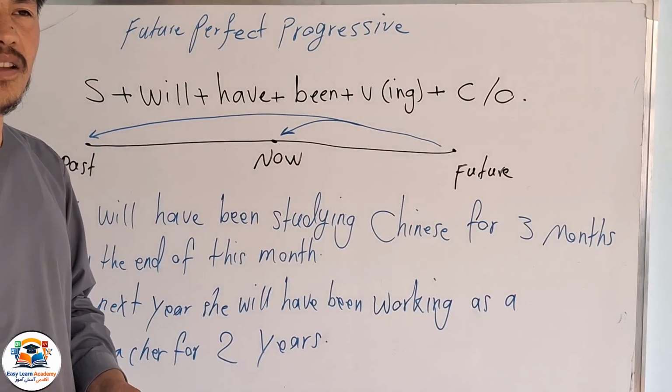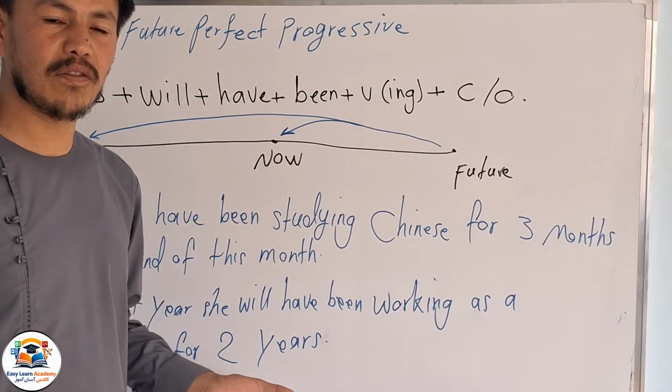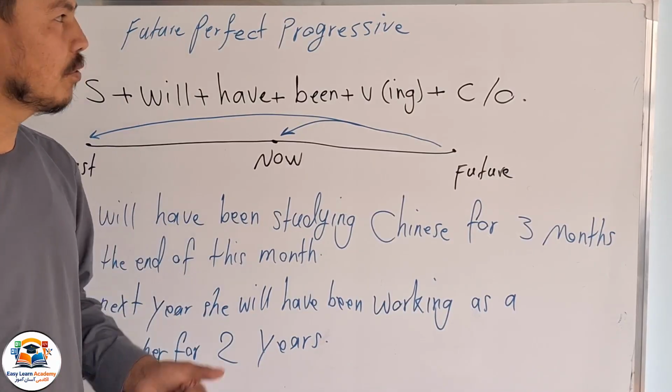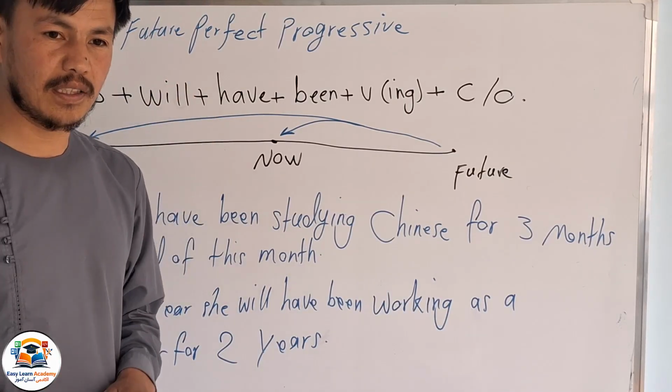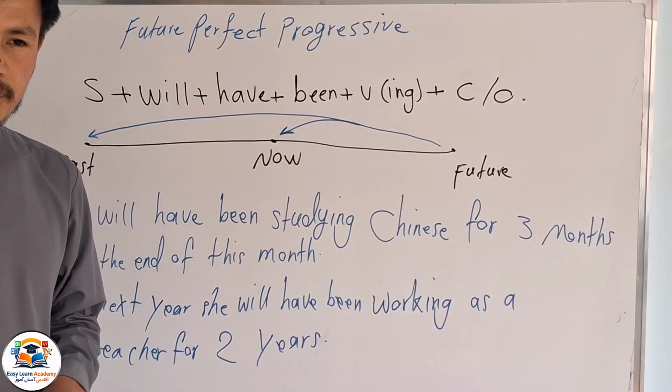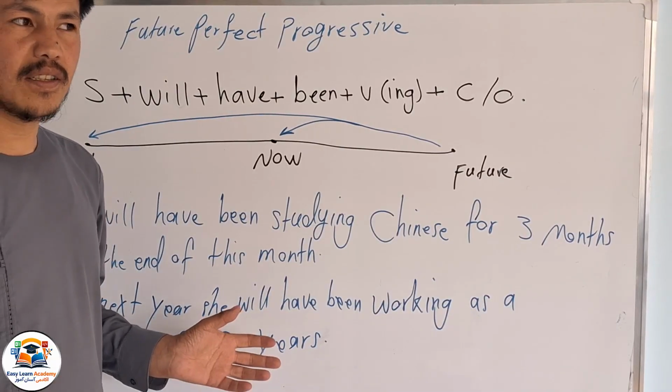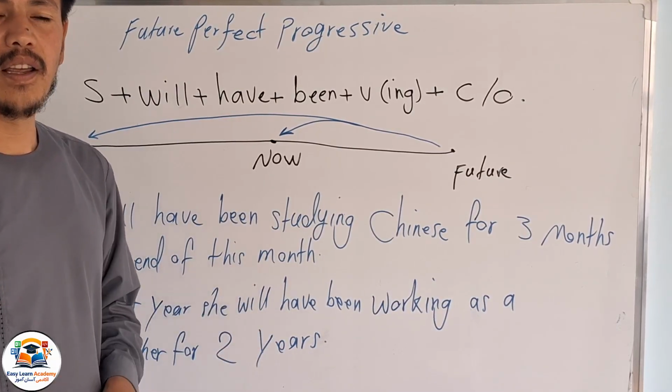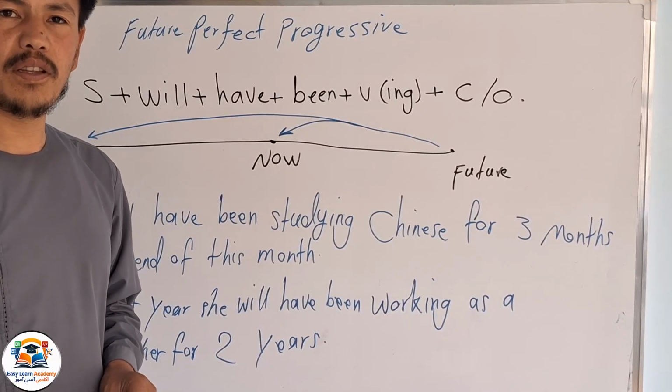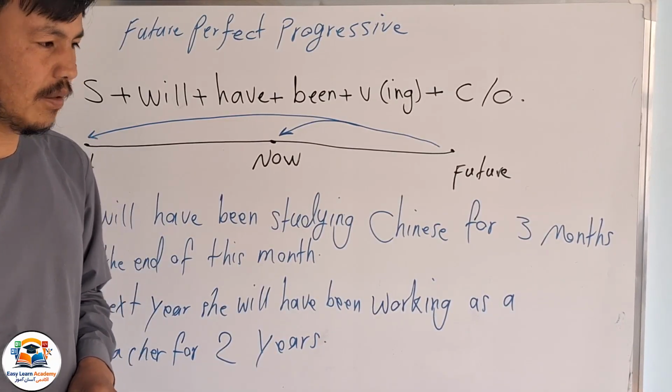You will see all the tenses in English from present simple to future perfect progressive, but still there are 4 conditional tenses remaining, so I will be uploading those videos as well as soon as possible.